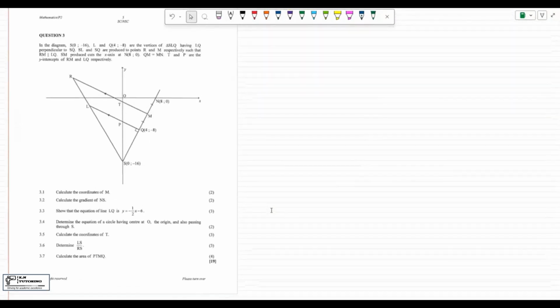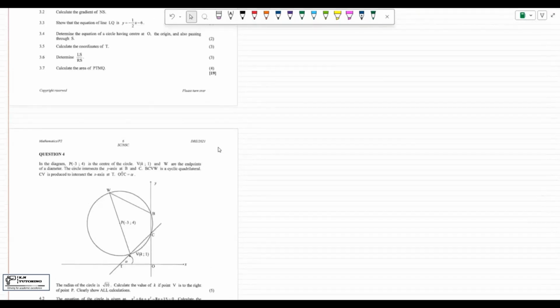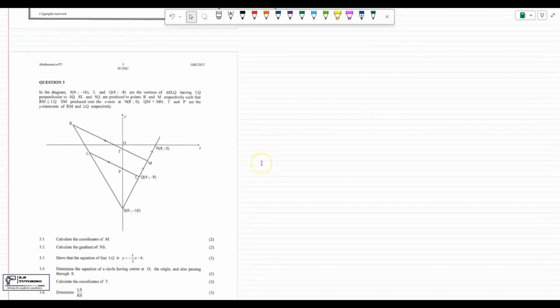you'll find 2 questions on the question paper, and the marks for the 2 questions are roughly about 40 marks. As you can see, question 3 was 19 marks and question 4 is 20 marks. Sometimes it's 19 and 21, sometimes it's 20 and 20, but roughly about 40 marks.